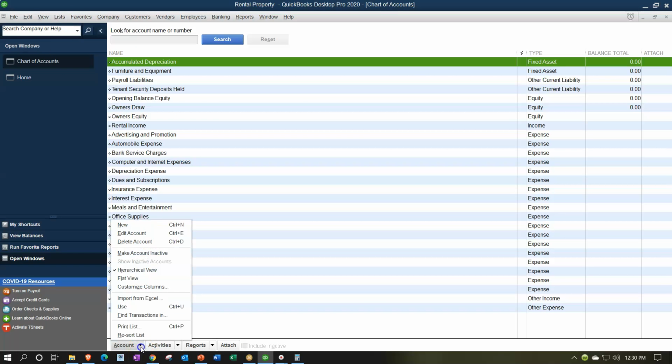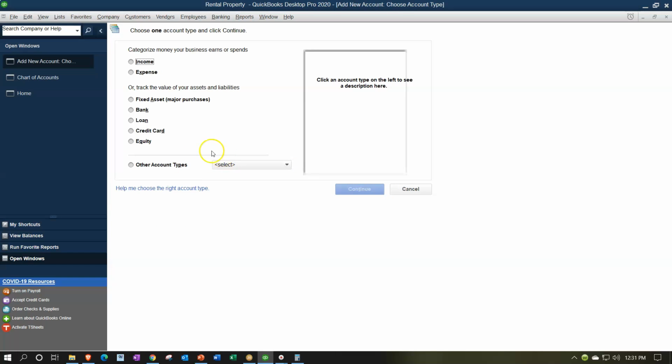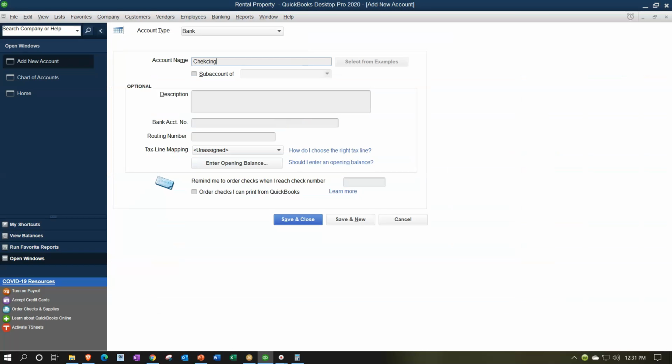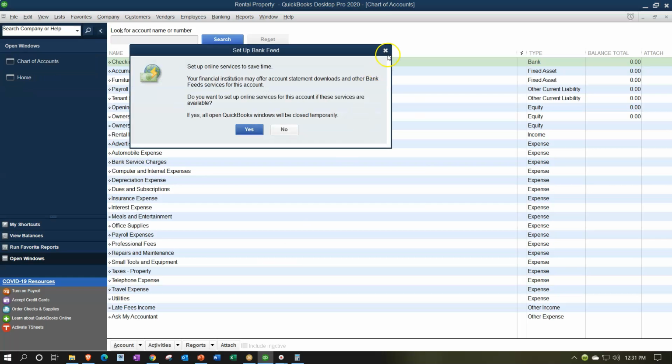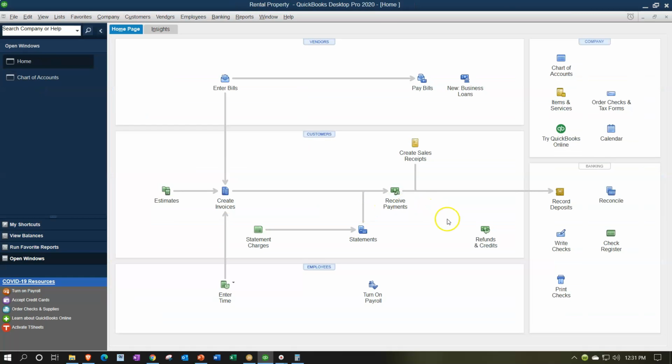I'm going to add in the account drop down rise up, new checking account, please, bank account, continue, and this is going to be the checking account. Save that. Okay, let's try it again. I don't want to set up bank feeds or anything, so I close that out.